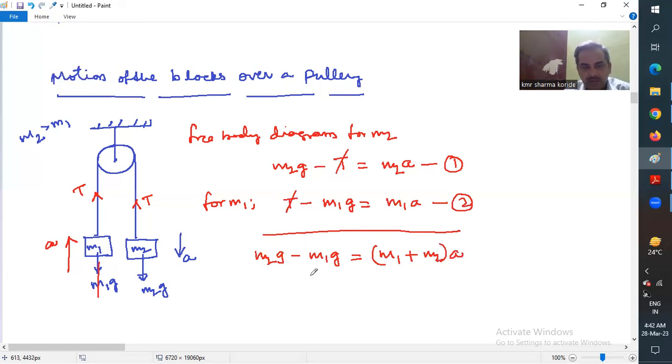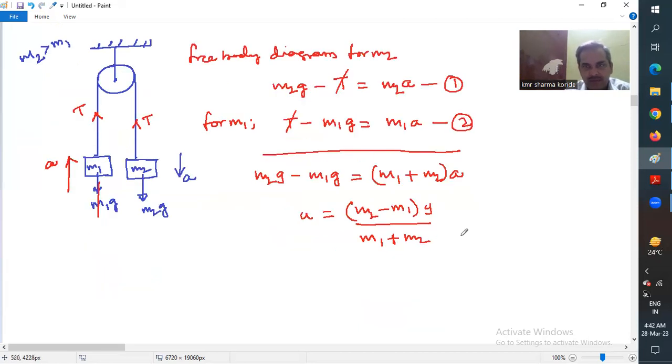Take out common g. So a is equal to, this is the acceleration of both the bodies, (m2 minus m1) g divided by (m1 plus m2). Let us call this equation 3.